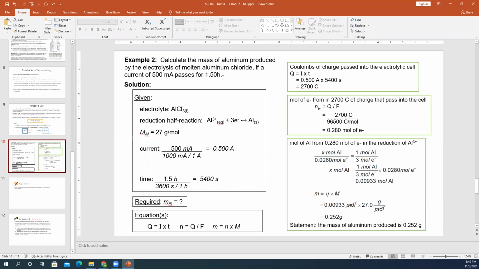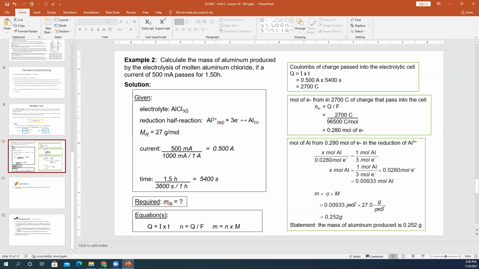So what are we given? The electrolyte is molten aluminum chloride, AlCl3, in liquid form. So the reduction half reaction, and this is electrolysis, is that the aluminum ion, through electrolysis, is going to become a solid aluminum atom.